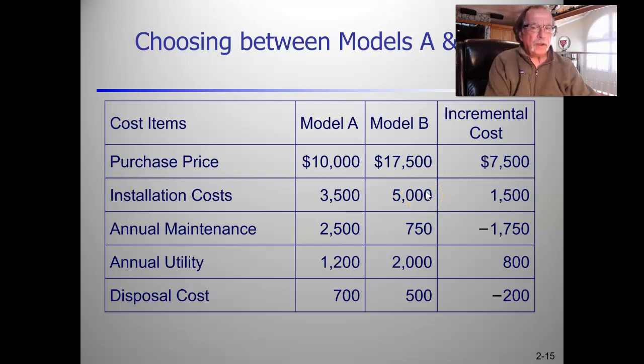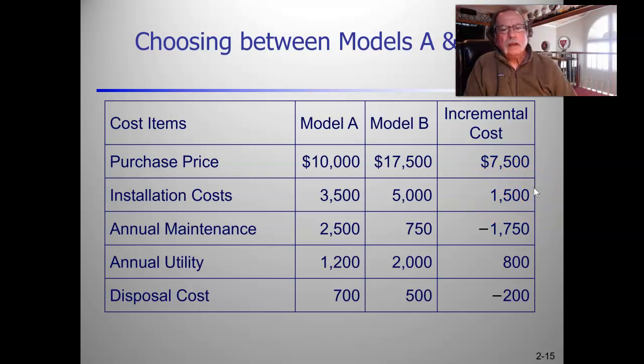So your upfront costs, like your fixed costs, are going to be $9,000 more for B than for A. That's the $7,500 purchase price difference and the installation cost. Now, why would you do B versus A?